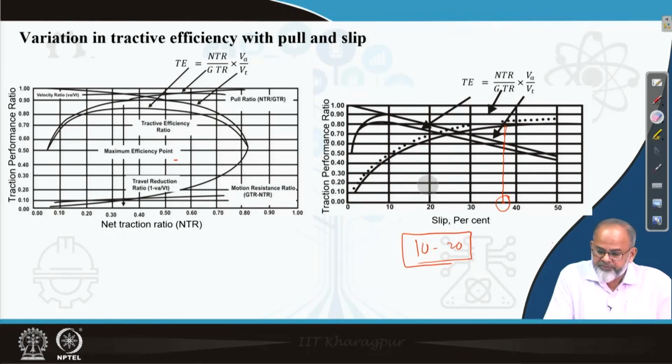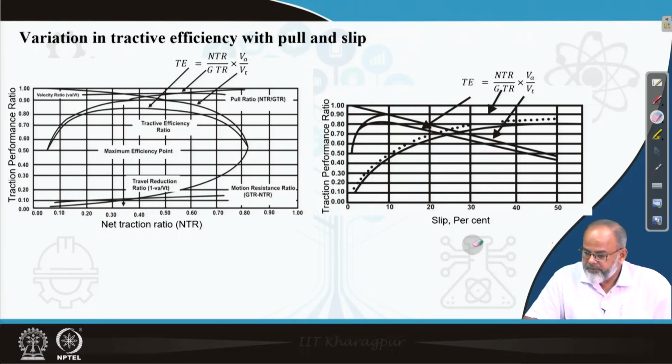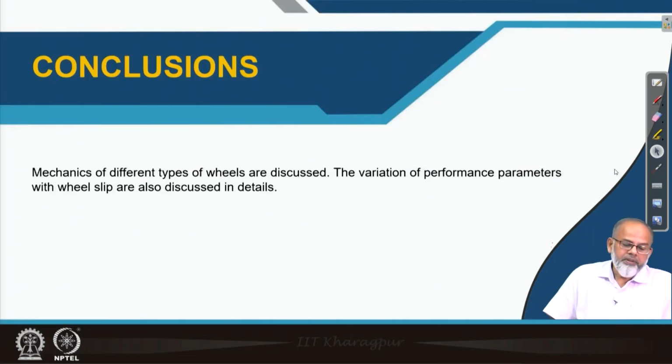So these are the two ways by which we can represent the performance parameters. So let me conclude then.